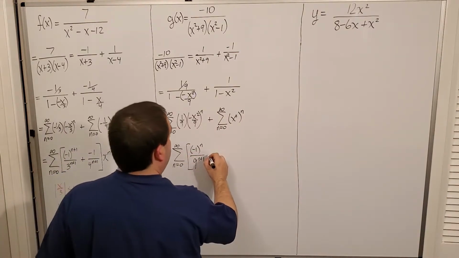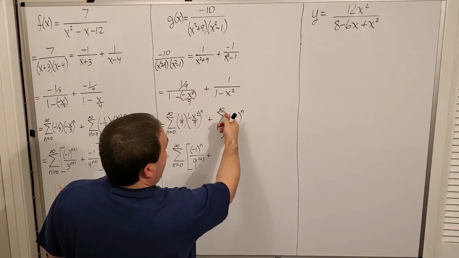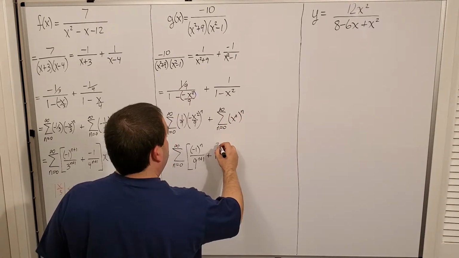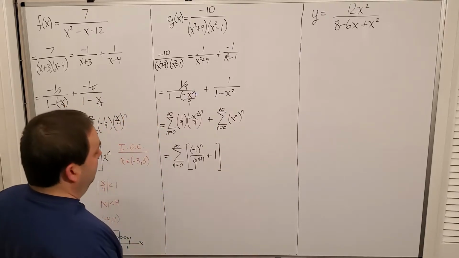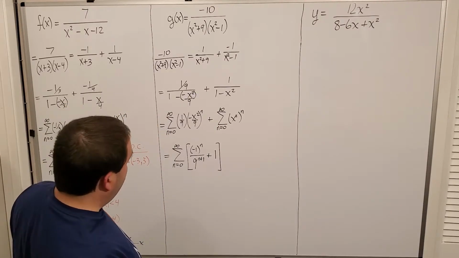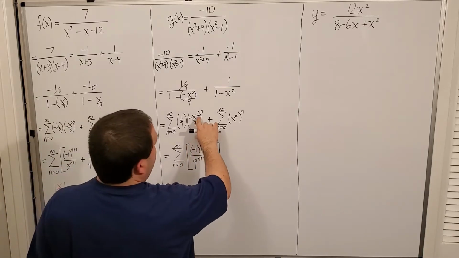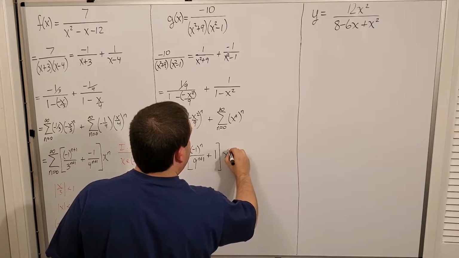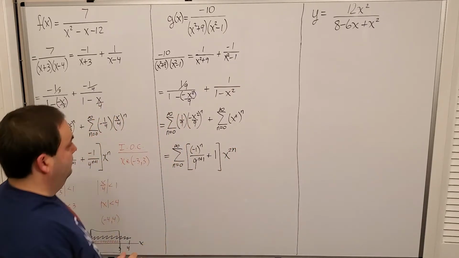Plus, there's nothing extra over here. It's just 1 plus 1, like that. Okay? And then both of these have x squared to the n. So that's just times x to the 2n.